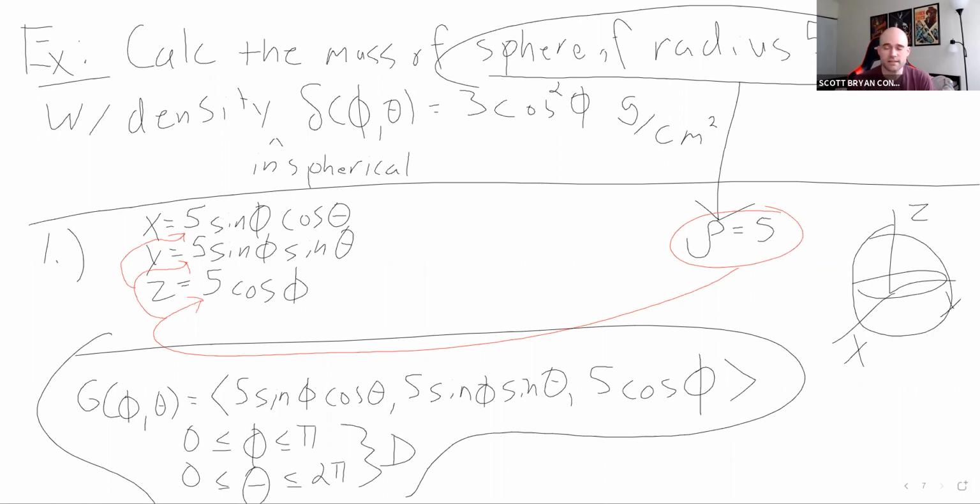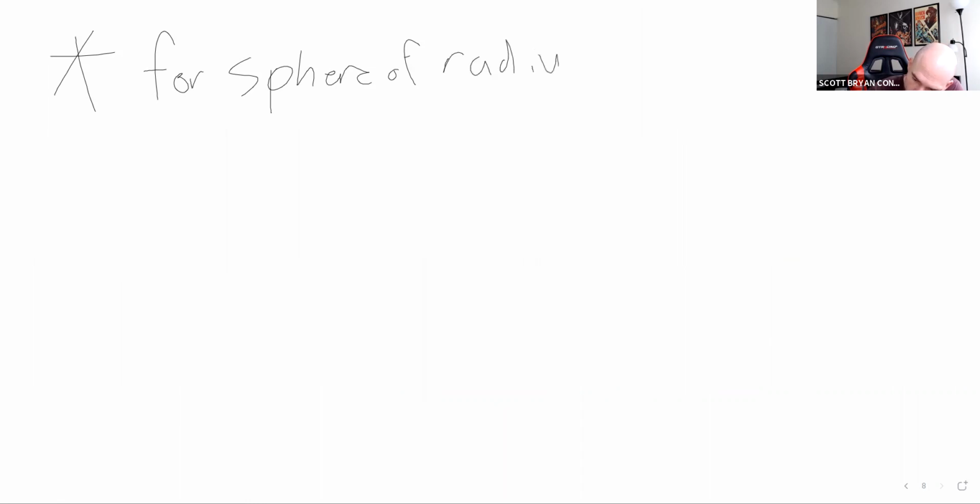Okay, so the cross product is a little hairy. There's a lot of simplification that goes on. And so let me just give you something which you should remember. For a sphere centered at the origin of radius, let me say radius capital R, we'll just look at magnitude for now.